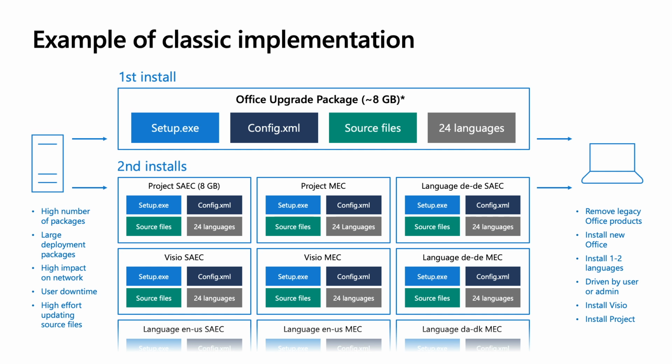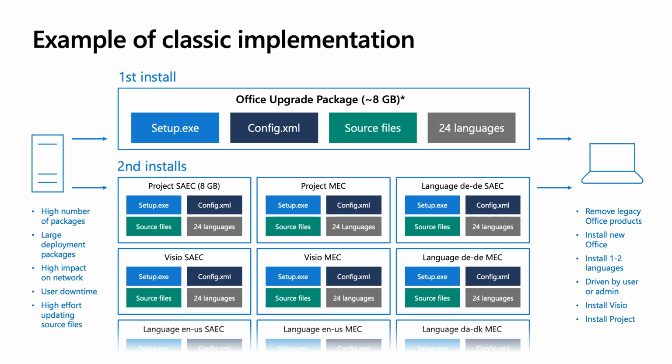The way Config Manager works, it's synchronizing this full package to a device first, and then the install runs. The install uninstalls the old version of Office, installs the new version of Office, and then maybe 1 or 2 languages. Often we see that devices only need 1 or 2 languages out of these 24. The issue here is this package is pretty large. So it's an 8 GB package because we have all these languages in there.